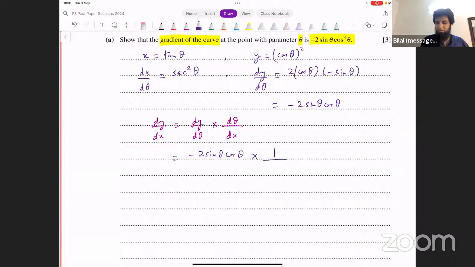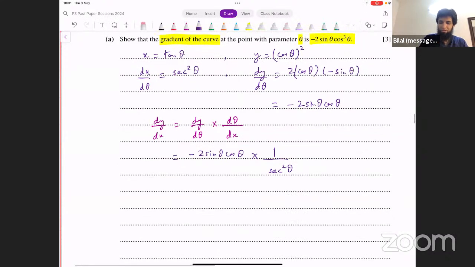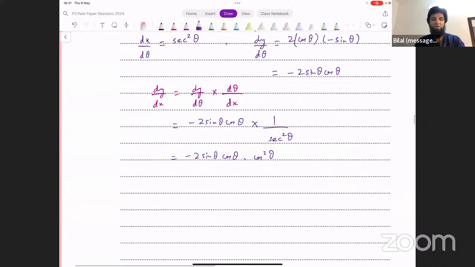That is 1 over secant square theta. Now you wanted to prove that the derivative has only sine and cos in that form. What is secant? Secant is reciprocal of cos. So we can write this as minus 2 sine theta into cos theta into cos square theta, right? Because 1 over secant square is the same thing as cos square.